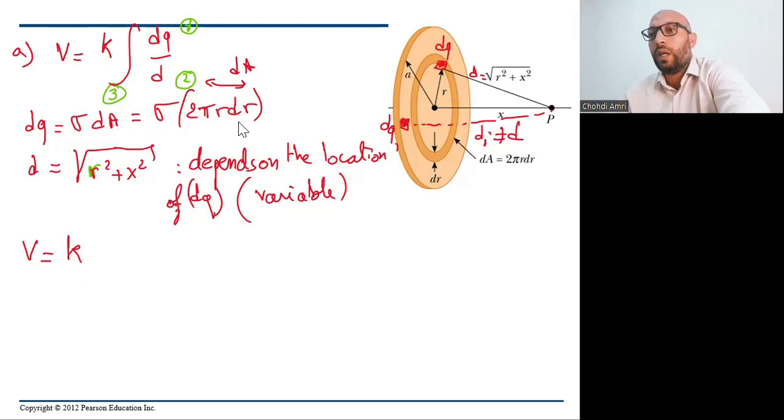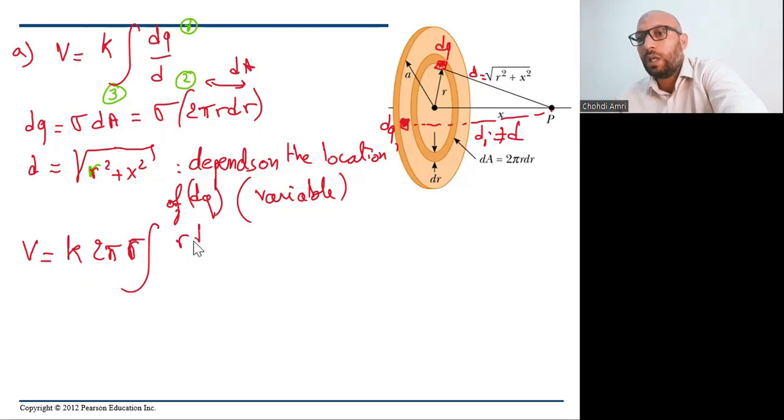Let's write here, all the constants are outside: 2 pi sigma, r dr, all of them are constant, sigma, the integration of r dr over square root of r squared plus x squared. This r, the distance from the center to the point dq, varies from where to where? It's varying from 0 to the maximum, that means from 0 to A.